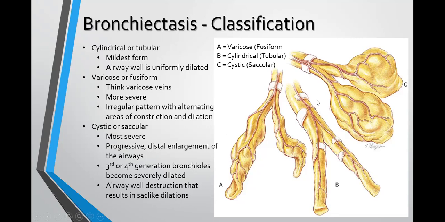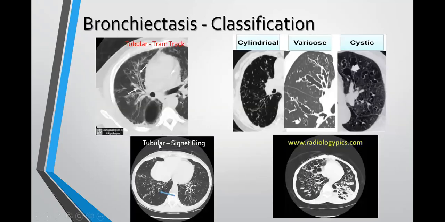So bronchiectasis has three types: cylindrical, varicose, and cystic. Cylindrical is the mildest form, varicose is the second most severe, and cystic is the most severe. If we look at a CT, this is not an X-ray, this is a CT of some lungs. You can see the bronchiole.